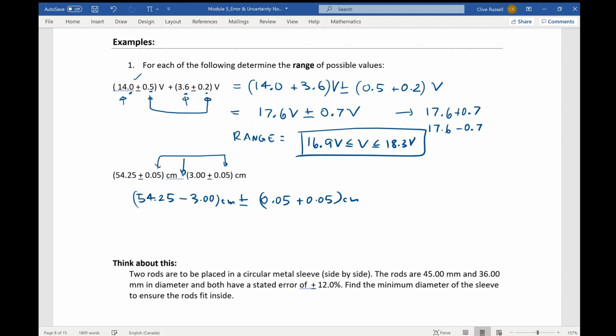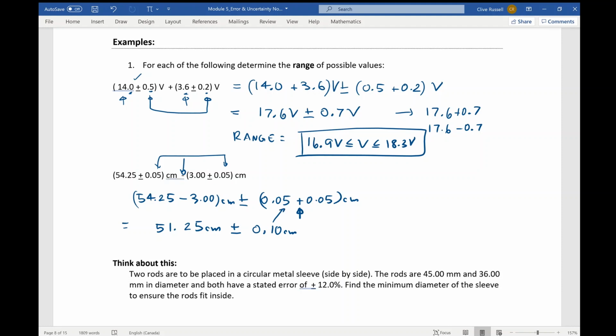Now notice that although we are subtracting, we still have to add the absolute errors. So when we subtract, we're going to be getting 51.25 centimeters plus or minus 0.10 centimeters. This is coming from right there.